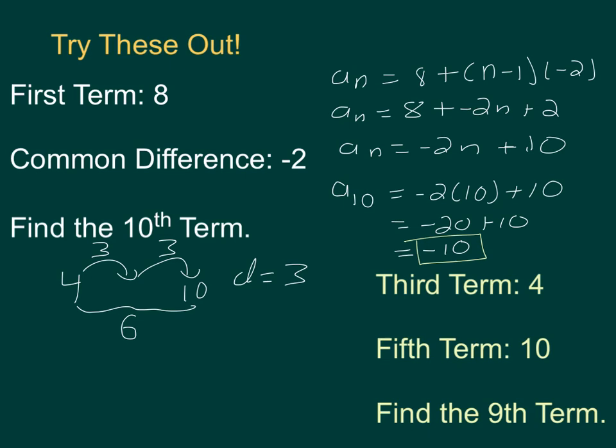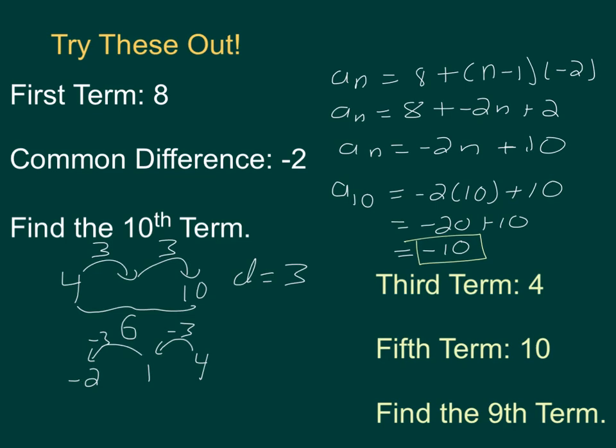Now to figure out the first term, I realized that my third term of 4, I could work backwards. And so if I kind of go from 4 backwards to the second term and backwards again to the first term, in that other direction, I'll be doing minus 3 each time. 4 minus 3 would bring me to 1. 1 minus 3 would bring me to negative 2.